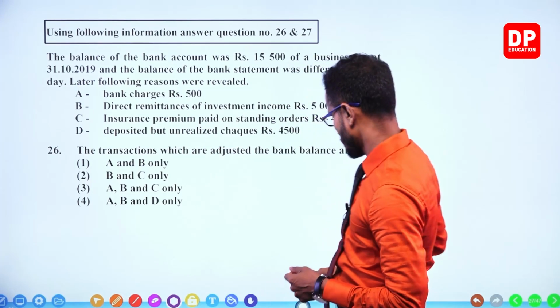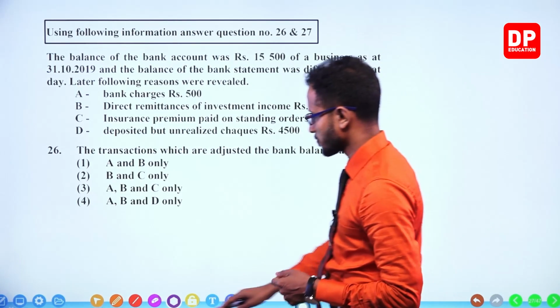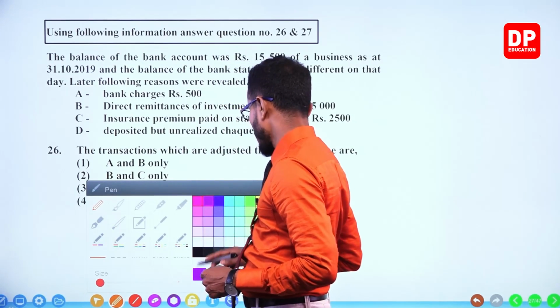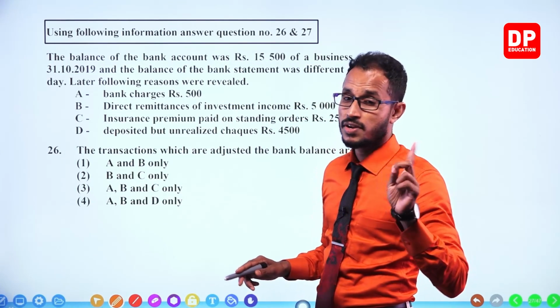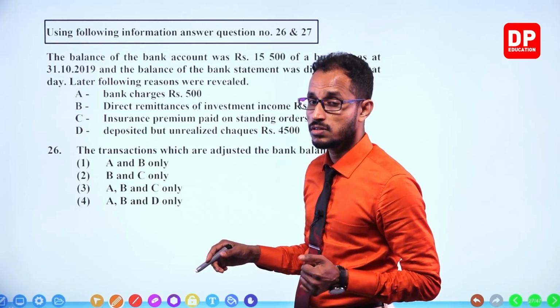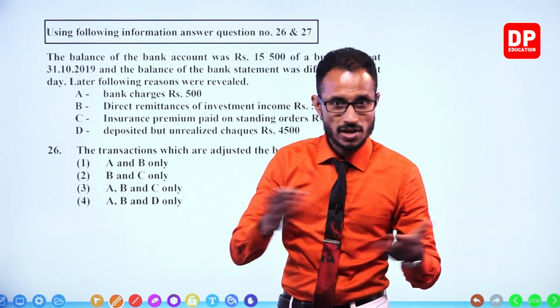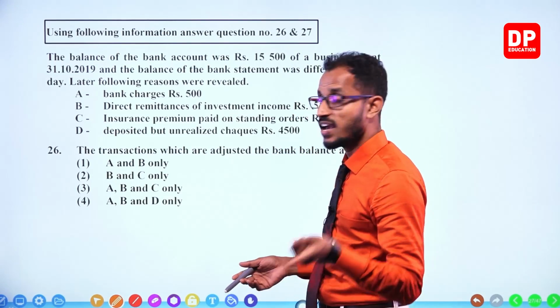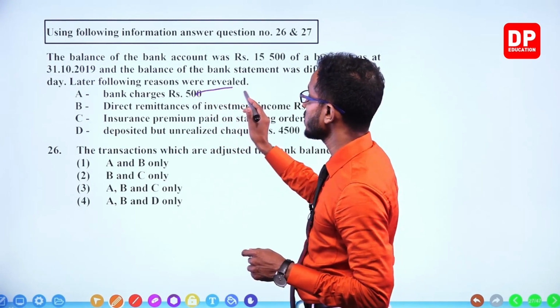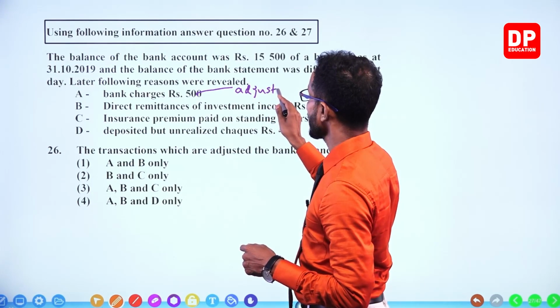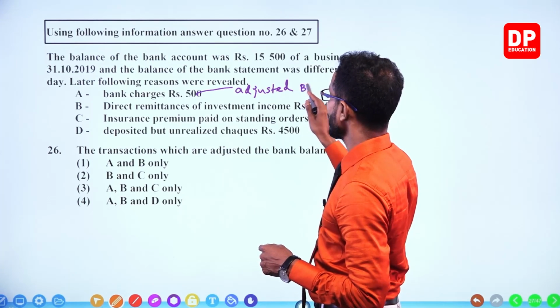Bank charges. The bank has recorded bank charges, but we haven't recorded them in our bank book, the business bank book that we prepare, cash book and bank book. So this goes to the adjusted bank account.